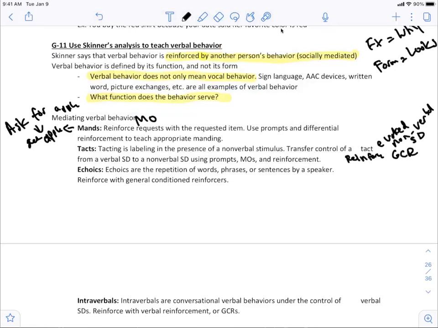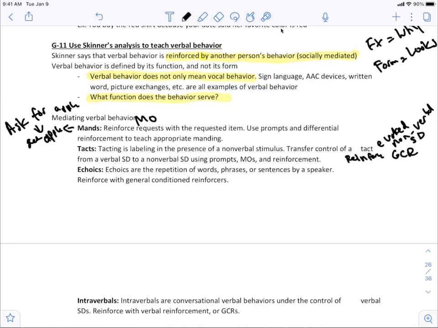So if we're teaching tacting and our client sees a bus, they say bus, we praise them, we deliver a token, that's a tact. Tacts again evoked by nonverbal SDs. Mands evoked by MOs. You want something, you need something. Very important, again, that you know how these different verbal operants are evoked and reinforced.